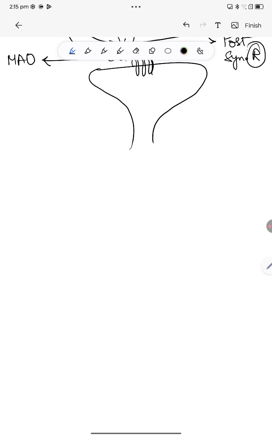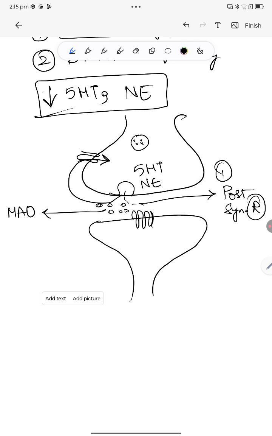Now, in a case of depression, there will be either a deficiency of serotonin or norepinephrine.